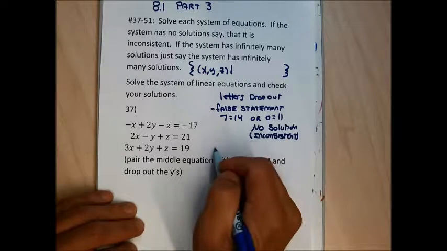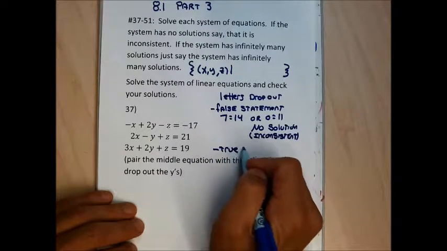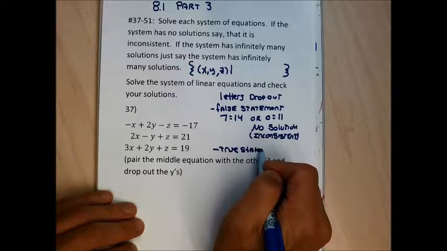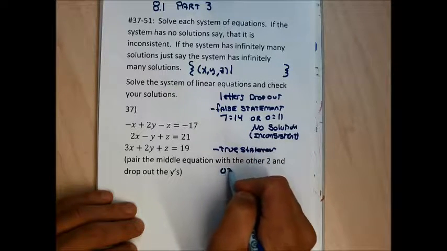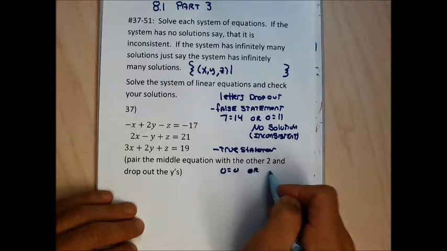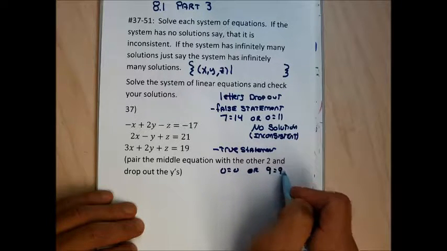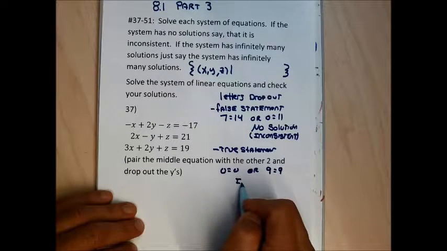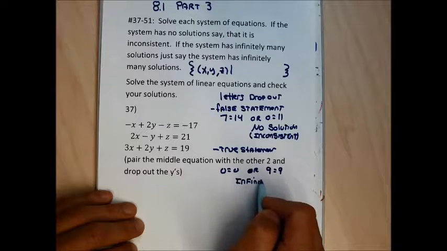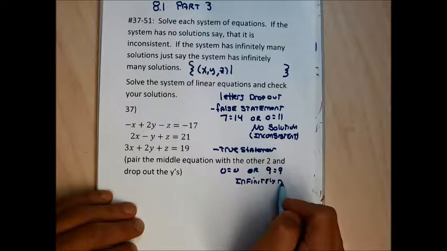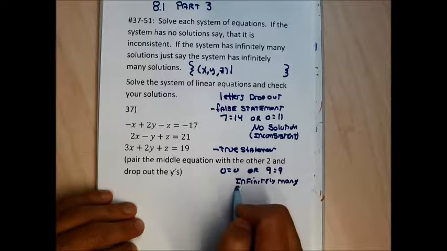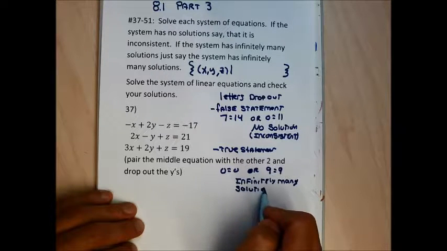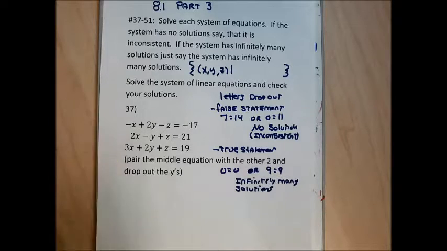If all the letters drop out and you're left with a true statement, like 0 equal to 0 or 9 equal to 9, instead of taking the time to write our answer in set builder notation, we're just going to say there's infinitely many solutions. So when we're solving the 3 equations with 3 unknowns, it's going to take the elimination method 3 times to finish up the problems.